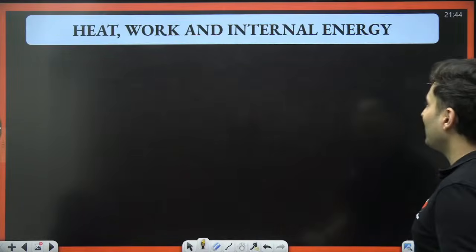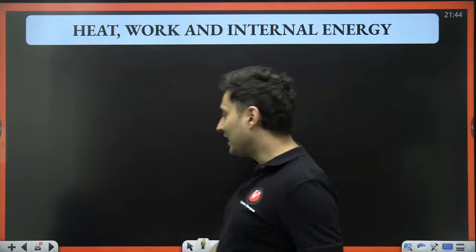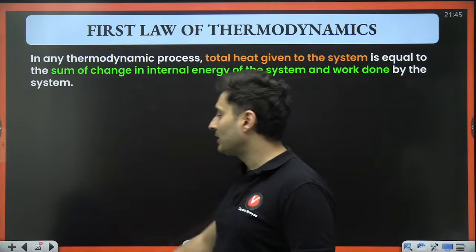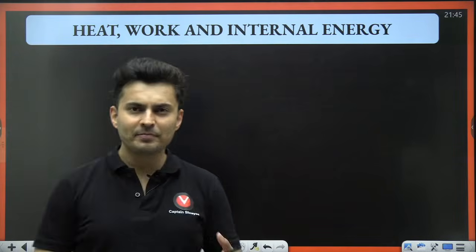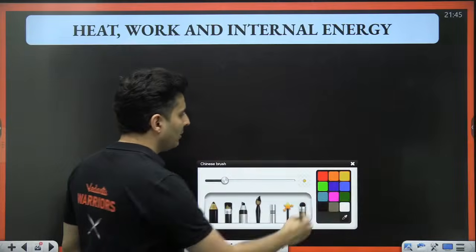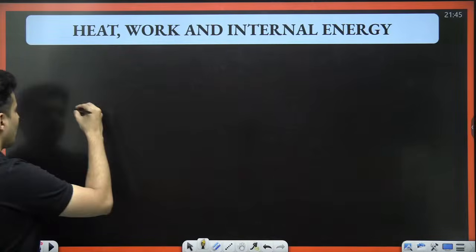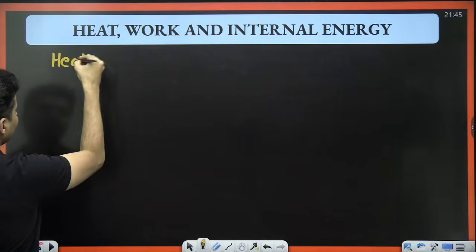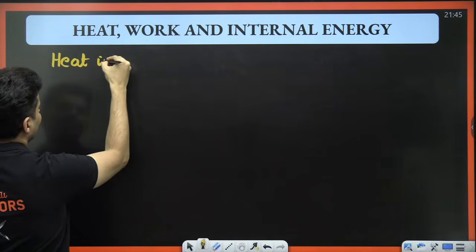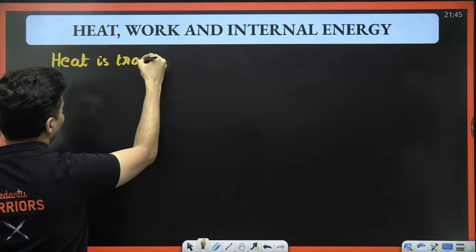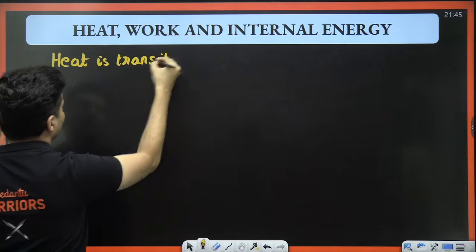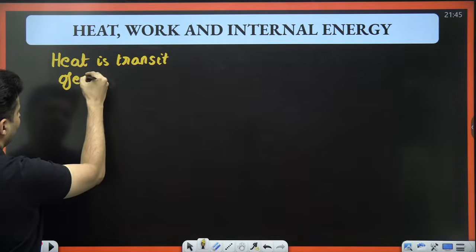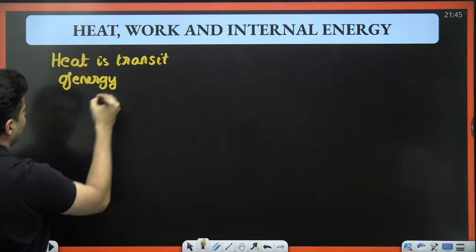Let's talk about heat, work and internal energy, because that is what is going to lead us to the first law of thermodynamics. So, starting with heat, and then we'll go to work. Heat is the transit of energy, or energy in transit.